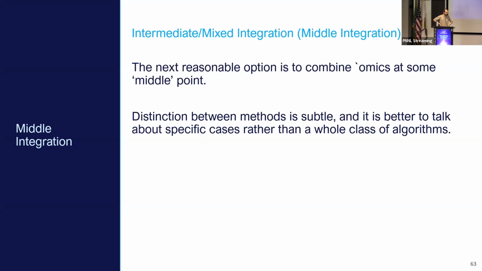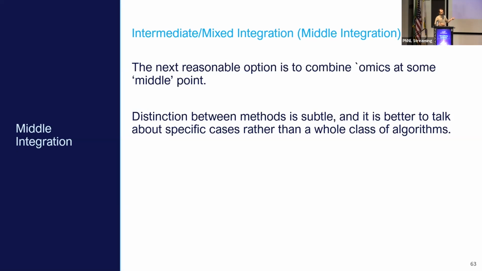There's another class of algorithm that does middle integration, and I've thrown that in here because I think the distinction between these is a little bit subtle. You see intermediate and mixed algorithms as well. Generally, as you might expect from the name, they try to combine the inputs at some middle point.